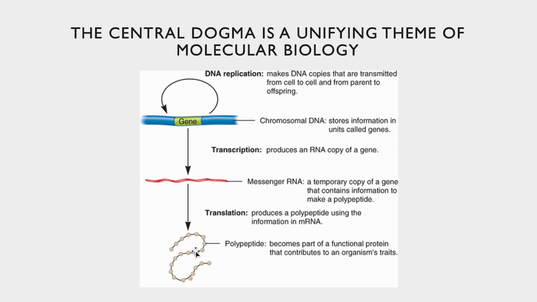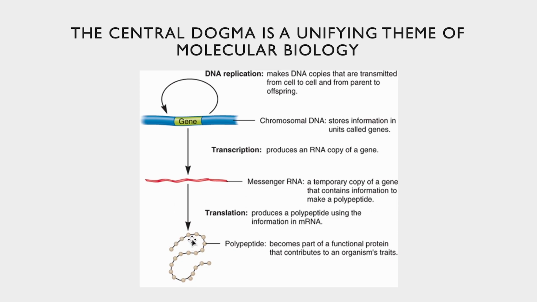They may be present in the rough endoplasmic reticulum, or in the cytoplasm as free ribosomes. And these ribosomes are going to read the information from this messenger RNA to make proteins. So the messenger RNA could be considered a temporary copy of a gene that contains information to make a polypeptide or a protein.